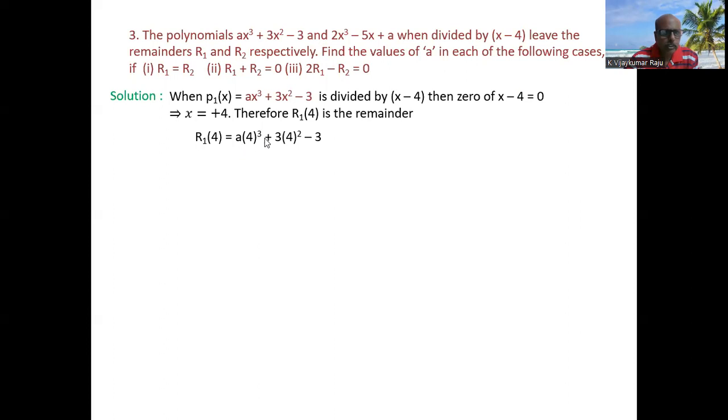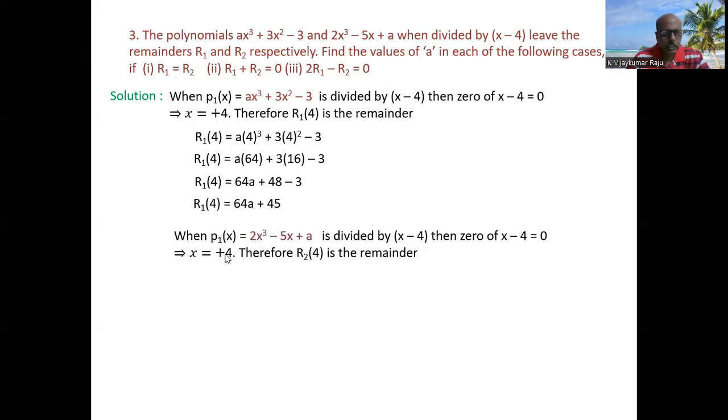a·4³ + 3·4² − 3. So 4³ is 64, 4² is 16, minus 3. It is 64a plus 48 minus 3. 48 minus 3 is 45. 64a plus 45 is the first remainder.